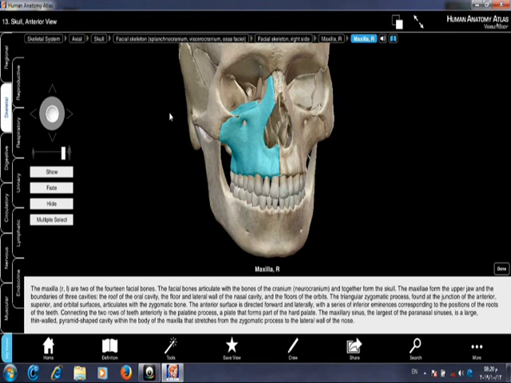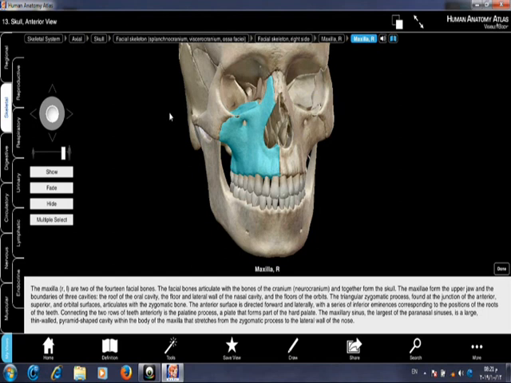The maxillae are two of the 14 facial bones. The facial bones articulate with the bones of the cranium, the neurocranium, and together form the skull. And I explained this in the previous video, the previous lesson. I explained all this.